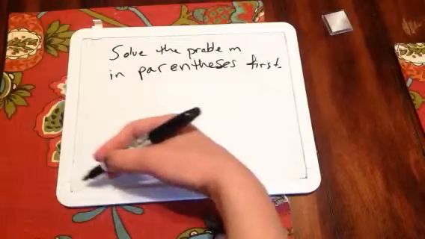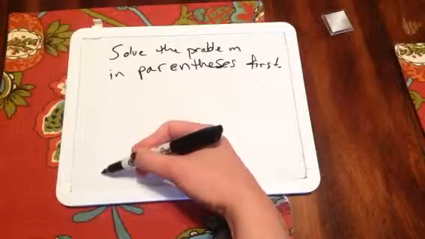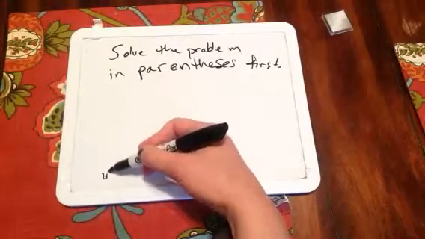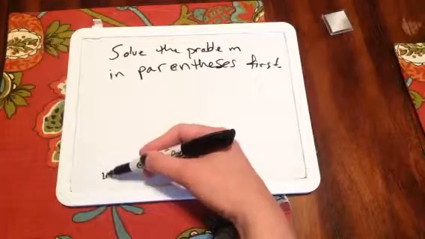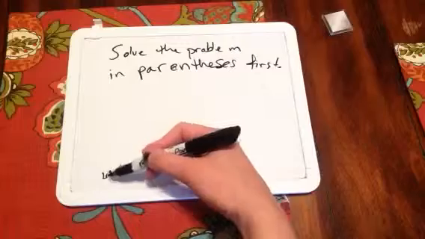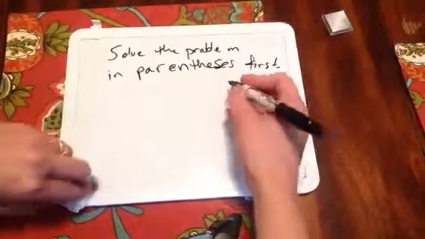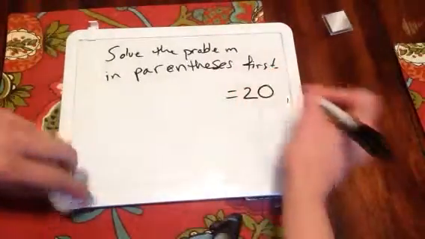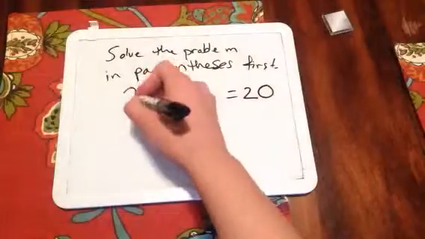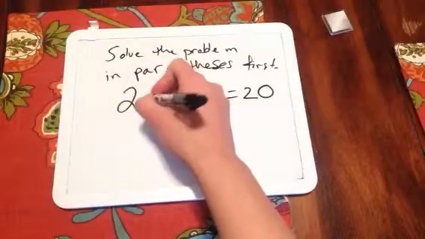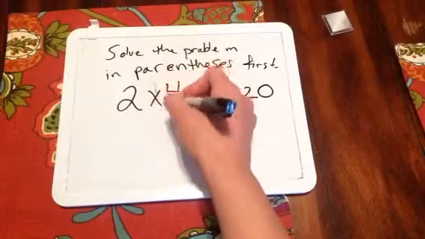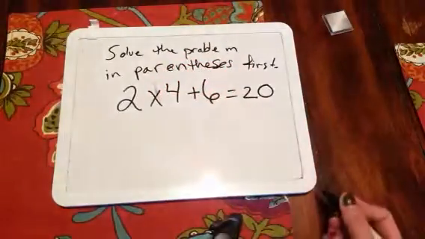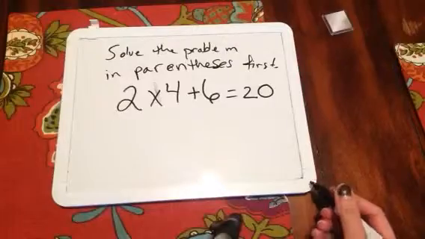So give me a second while I think about what I'm going to give you. Okay. So the answer you need to get to is 20. And the numbers here are 2 times 4 plus 6.